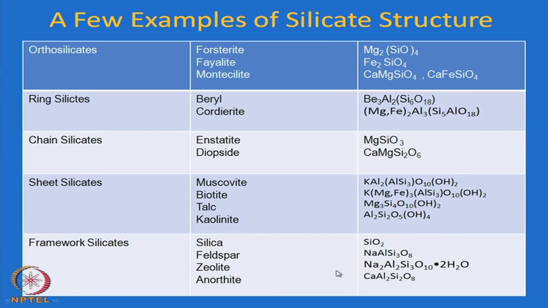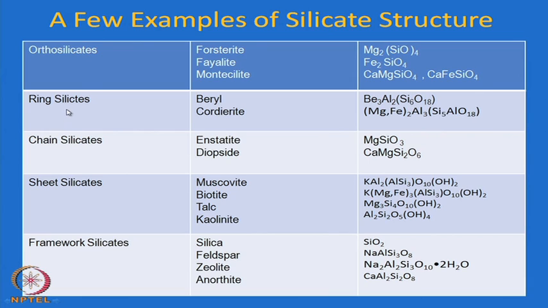Framework silicates. When you talk about framework silicates, hierarchically, when you go from orthosilicate to ring silicate, the basic difference is that here there is no bridging oxygen, that means there is no oxygen which is connected between two silicon ions.